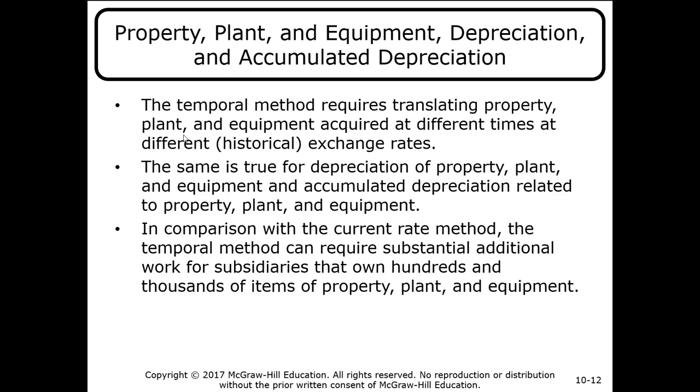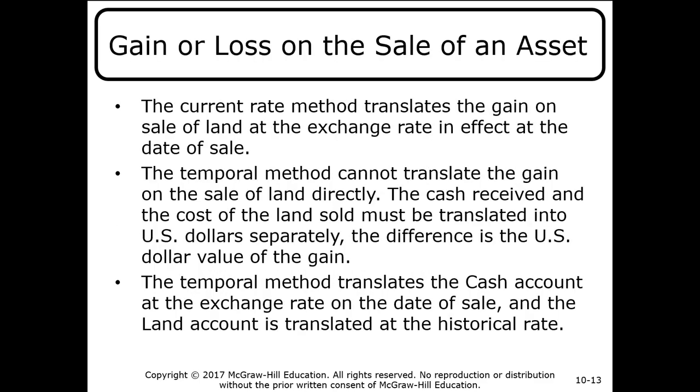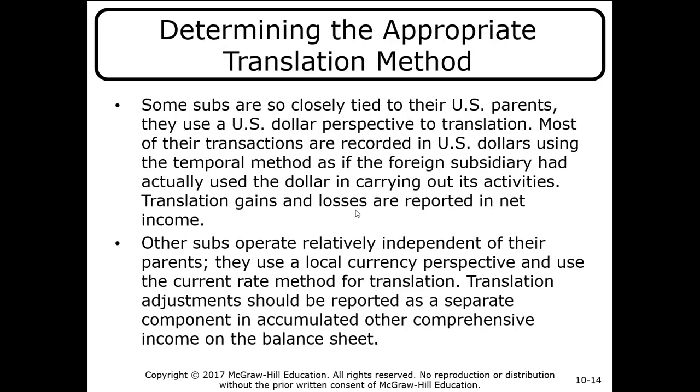So the temporal method requires the historical rate, whereas the current rate method uses the current spot rate at the balance sheet date. And then we have gains and losses on sale.